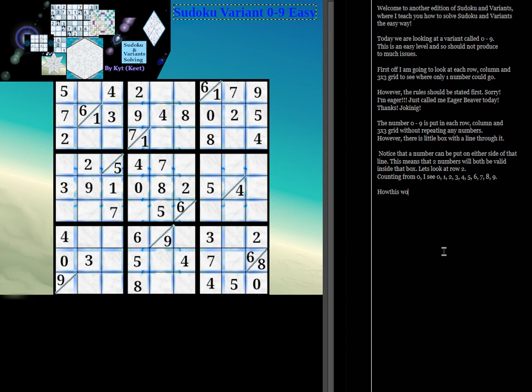How this works is that this 6-1 combo will be valid for column 2 as well.